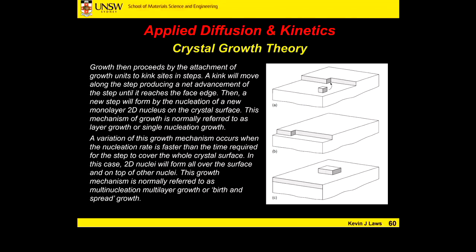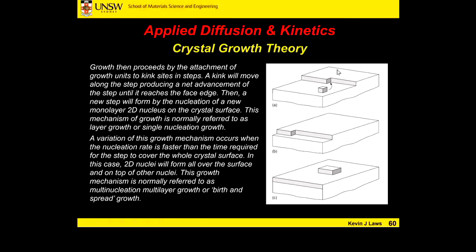Typically, as you probably would have guessed, growth then proceeds by the attachment of these growth units to these kink sites, steps, and edges. The kink will move along the step, producing a net advancement of the step until it reaches a face or an edge. Then a new step will form by the nucleation of a new monolayer from a 2D nucleus.